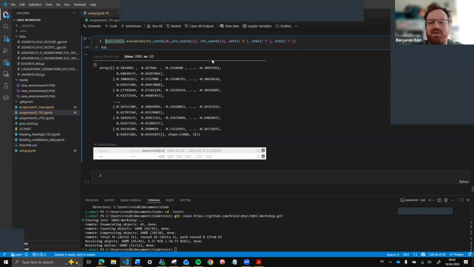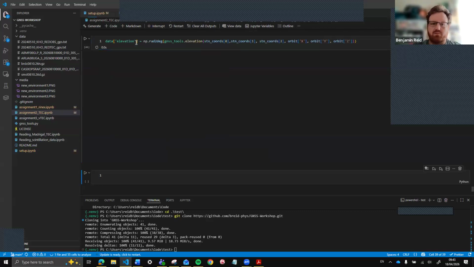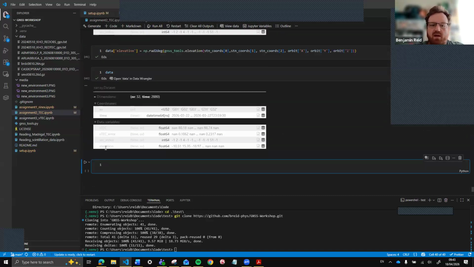That's helpful, right? So this is calculating the elevation angle, I think in radians. So if we do this, it will calculate elevation angles for us. We could say data dot elevation. Now our data structure, before it just had STEC and STEC error in this arc index, but now it has our elevation data.